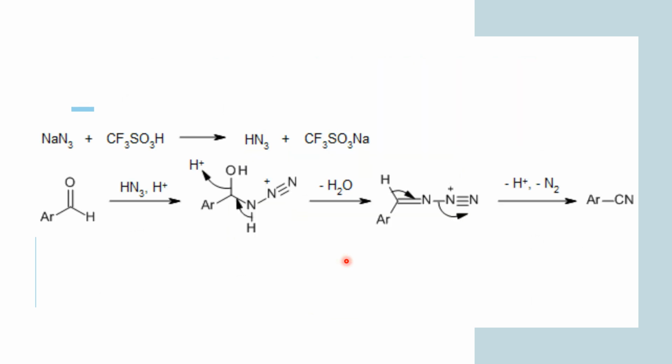In this particular reaction which is given, where the aldehyde is converting to a cyanide, the sodium azide reacts with acid to give us HN3, and that HN3 reacts with the aldehyde where the azide attacks at the carbonyl carbon.